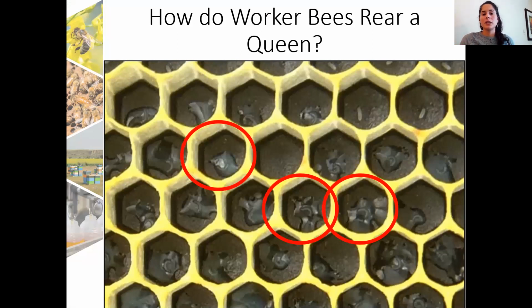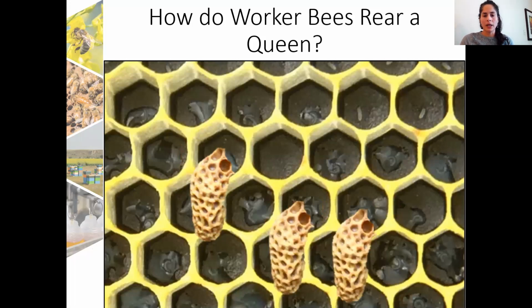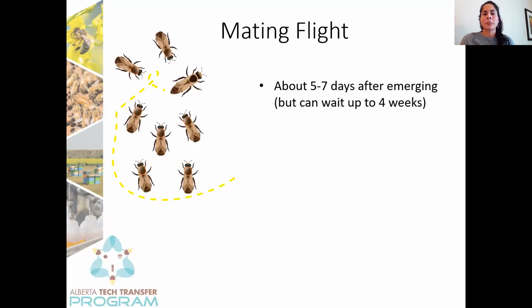And they will feed royal jelly to those larvae. And instead of a horizontal cell, the queen cells will be vertical. So those will become a queen cell. And the bees will raise many of them if they're superseding that queen. They'll not just create one, but they will raise many queen cells in the colony.